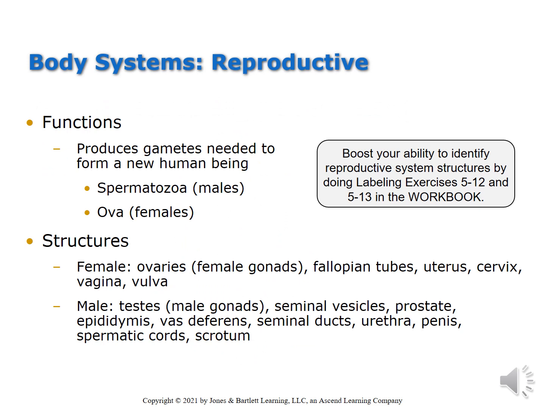Now, the reproductive system is the only organ system that in itself is not necessary for the survival of the organism, but it is necessary for the survival of the species throughout time. So the function is to produce gametes needed to form a new human being or new organism through the production of spermatozoa in males and ova in females.